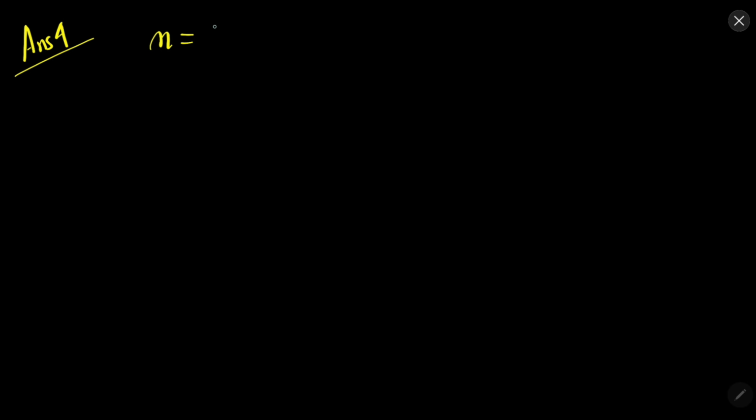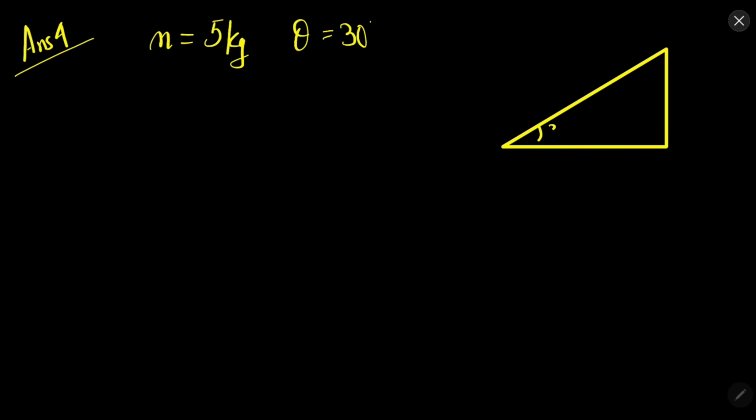We have mass 5 kg, angle of inclination 30 degree. Let me draw this. So this is approximately 30 degree, and the displacement that is happening is 10 meters.